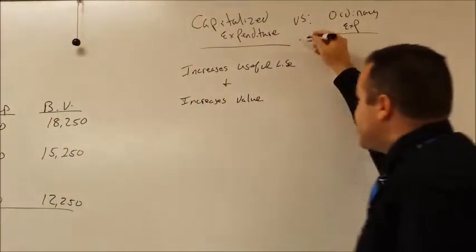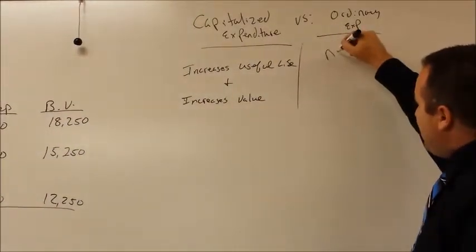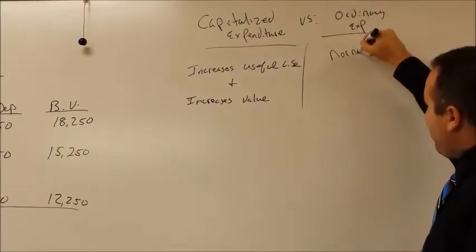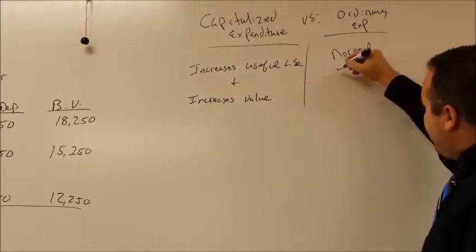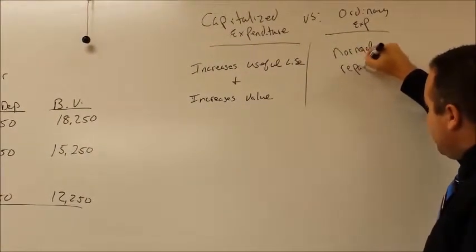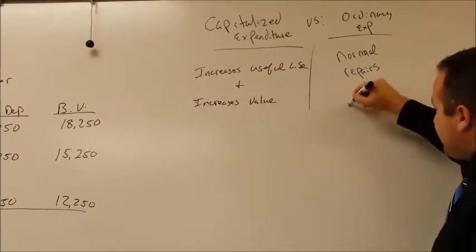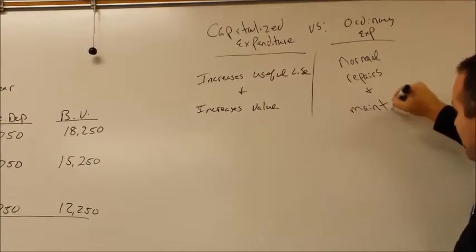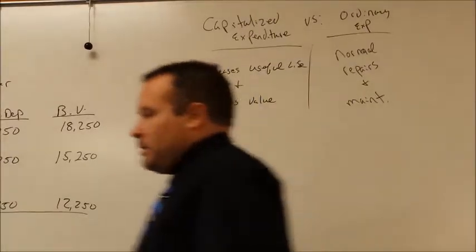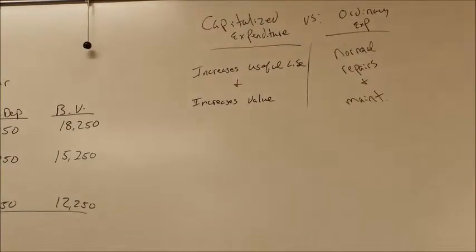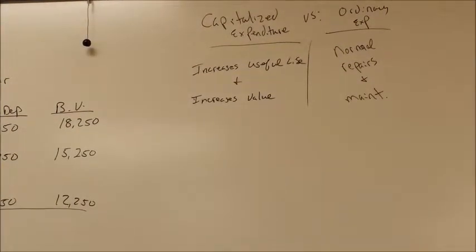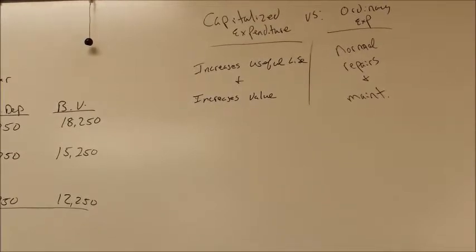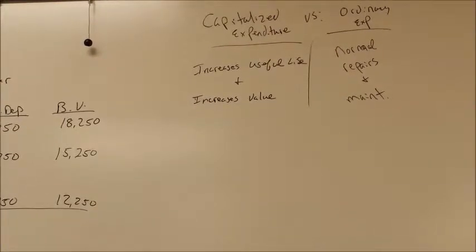Ordinary expenses are more typical, normal repairs and maintenance. So if you had a vehicle on your books and you had an oil change, that's a typical repair or maintenance item.